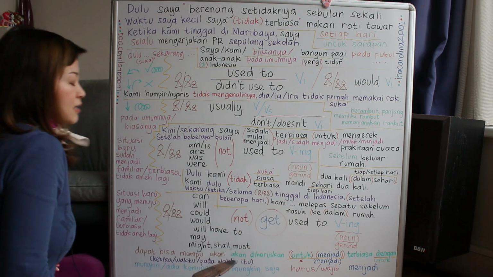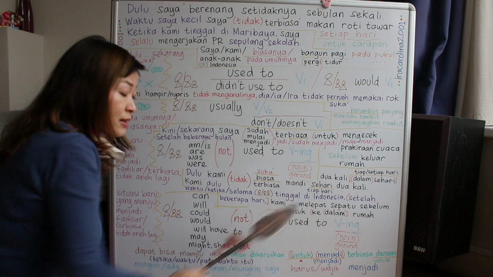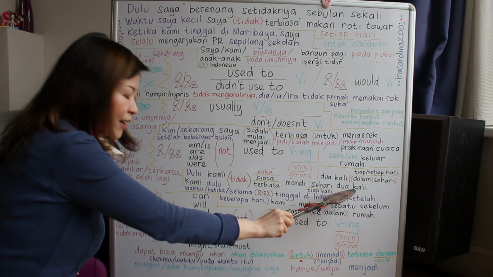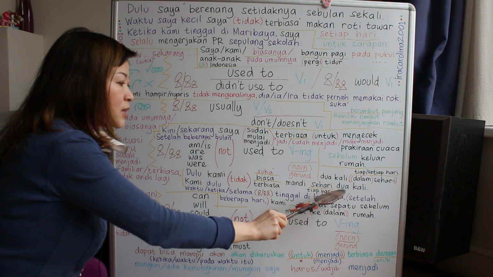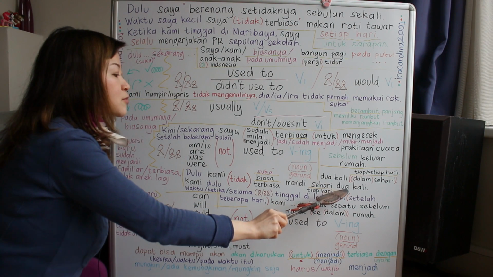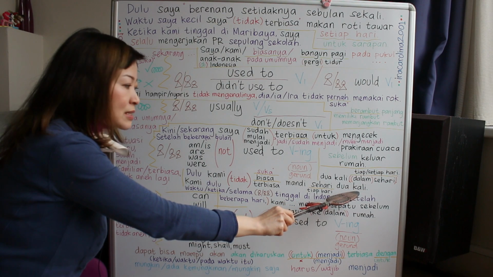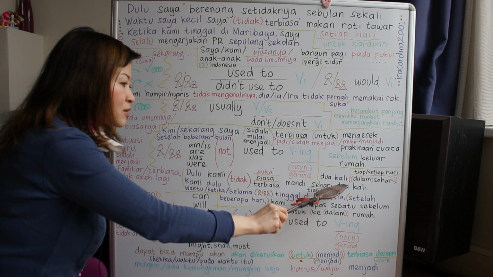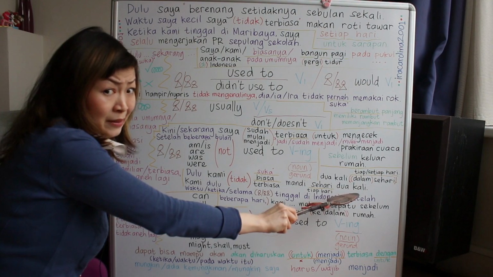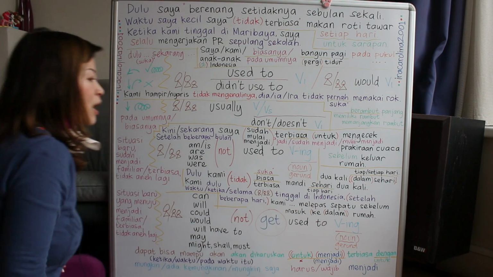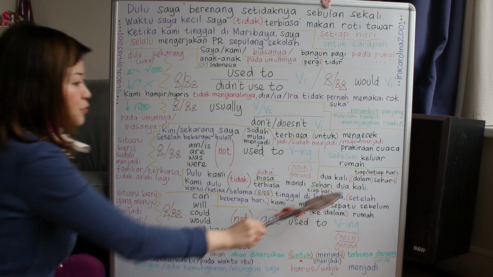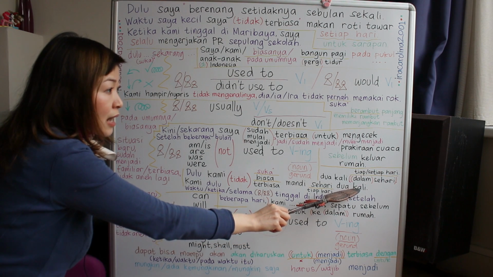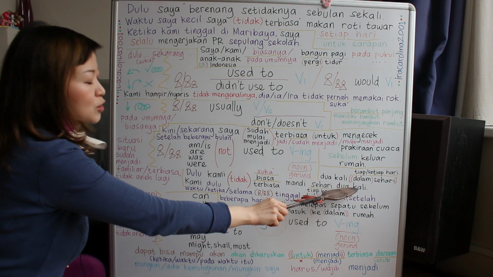Dua kali, two times. We don't have to put it as kali-kali, even though this is more than one. We just put it in singular formation. We read it as two times, dua kali. If you put this in plural or kali-kali, it's not correct.